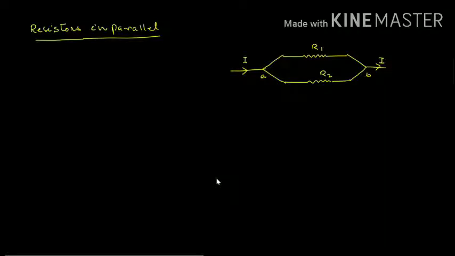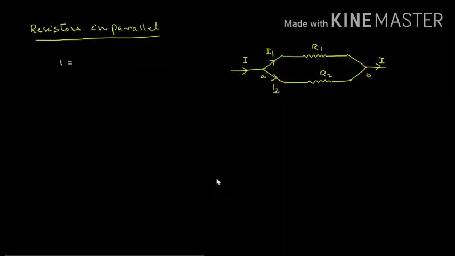Now at point A, the current splits into two parts. Current I1 flows through the resistor R1, and current I2 flows through the resistor R2. The total current is the sum of the individual currents.